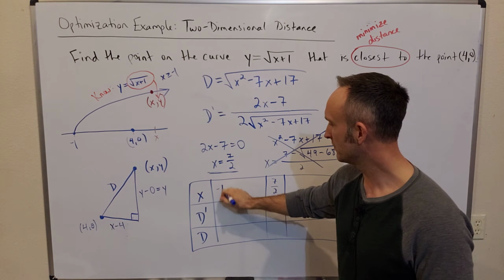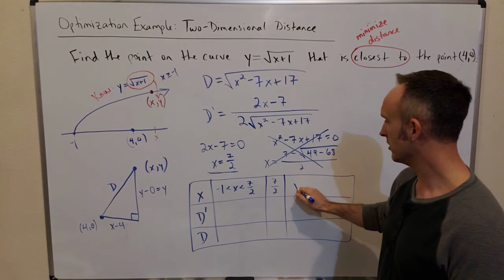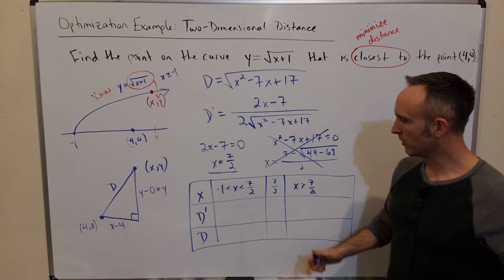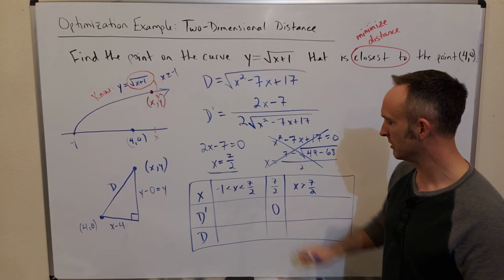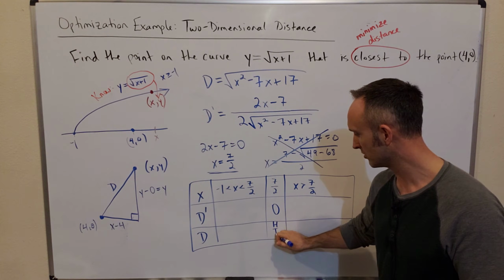Over here, I'll have x values bigger than -1, but less than 7/2. And over here, I'll have x values bigger than 7/2. We already know that when x is 7/2, the numerator was 0, so d prime is 0. And if d prime is 0, then d has a horizontal tangent line.